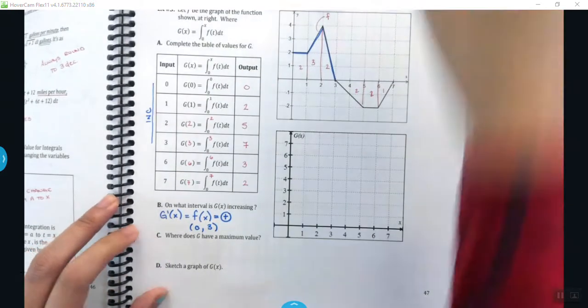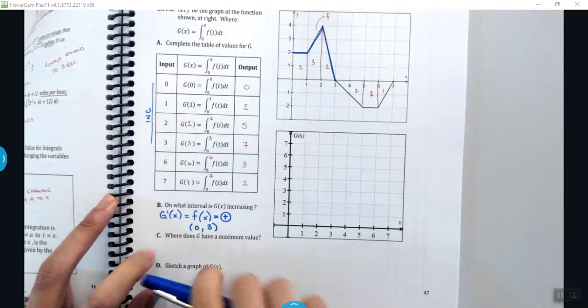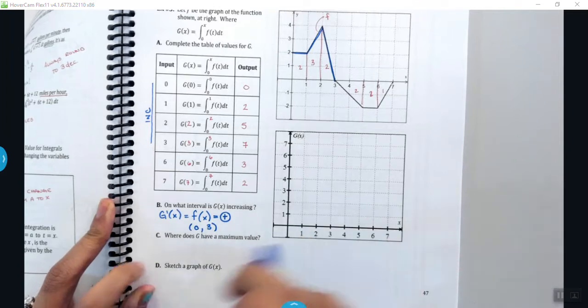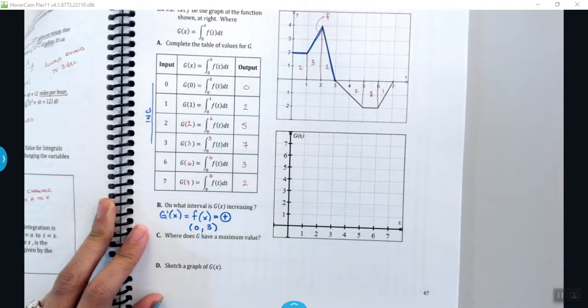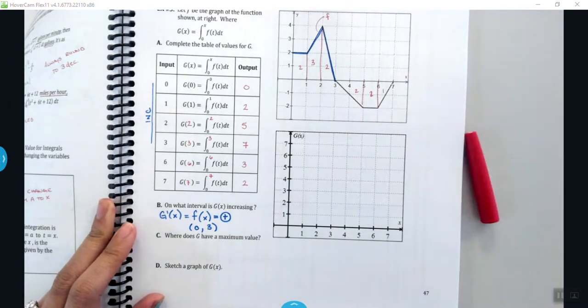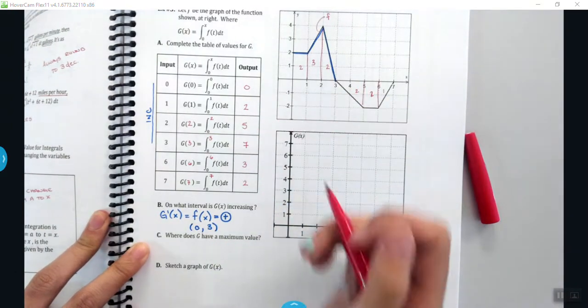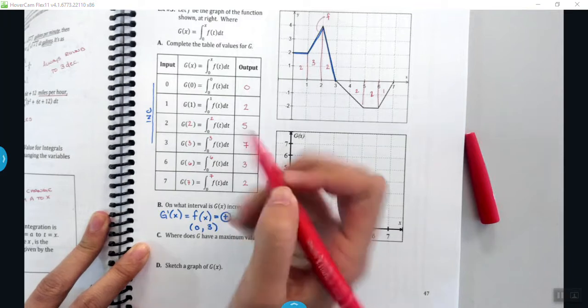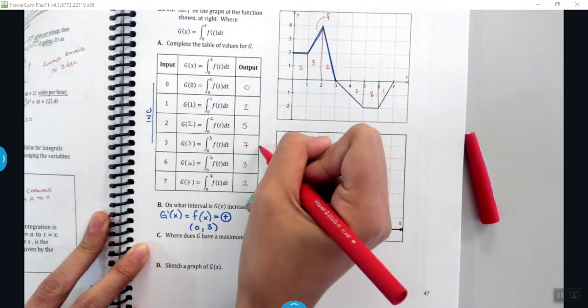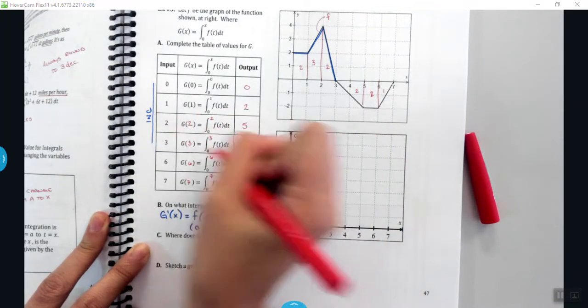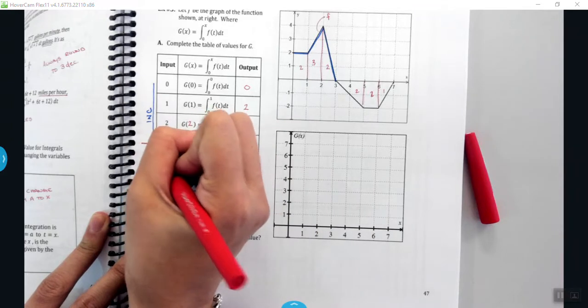Okay, cool. Now, where does g have a maximum value? How would you know that? Yeah, so it has a maximum value right here at 7, right? At 3, 7. So this is our max right here.